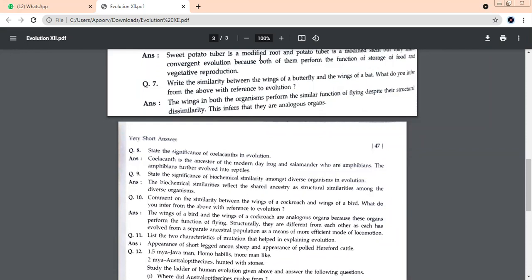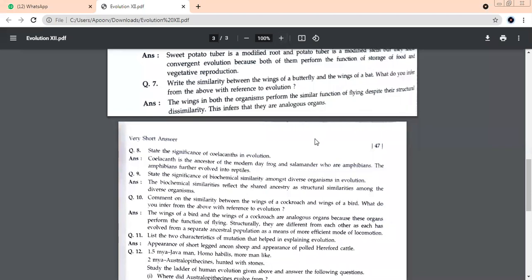Despite the structural dissimilarity, are the structures same? No, ma'am. So we can always say that yes, there is a bit similarity in the function. So this shows that they are which kind of organs? Homologous or analogous? Analogous.